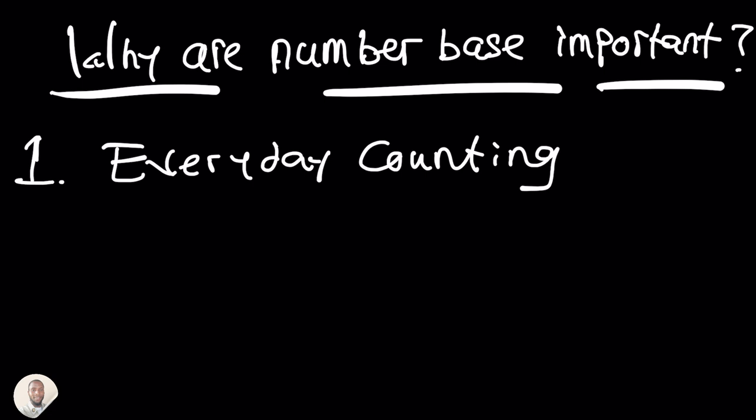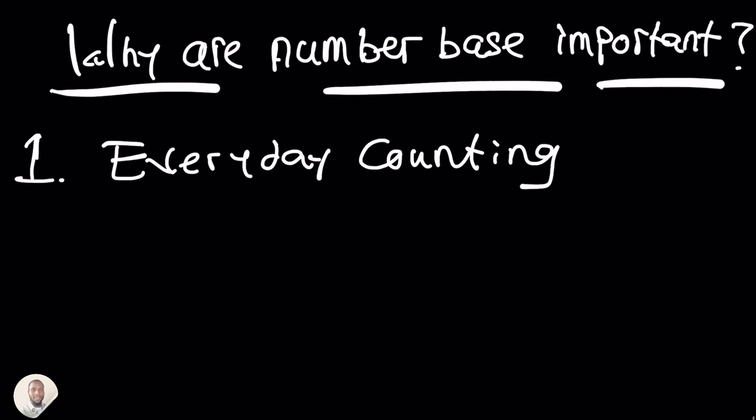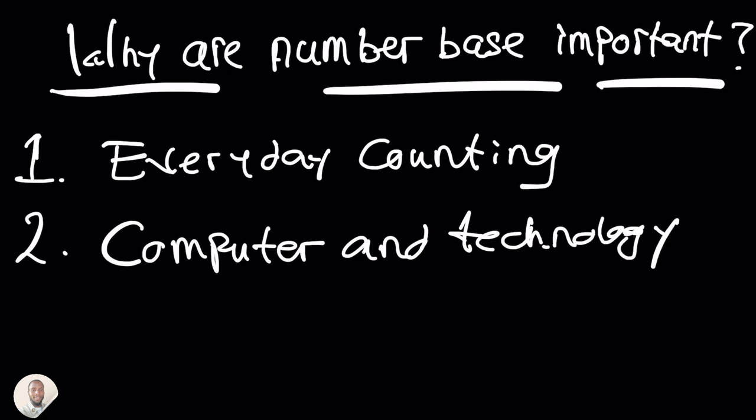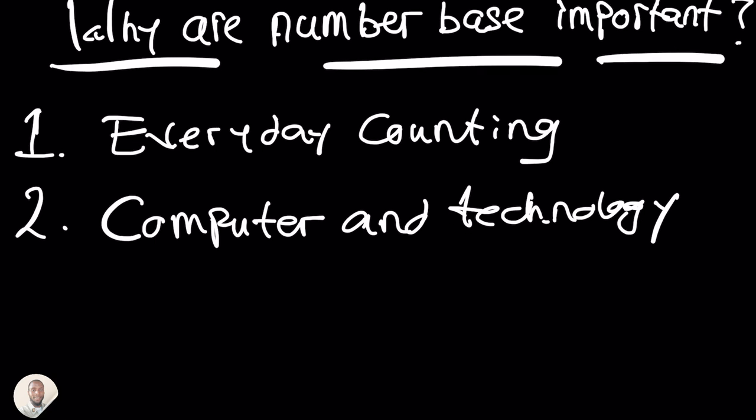If you want to count the number of vehicles on the road, you have to use a number system to count it. You get? So the second importance is the fact that number base is useful in computer and technology, right? Because computers use base 2, which is binary, to process data. I'm going to expose you to that as we continue in the video.